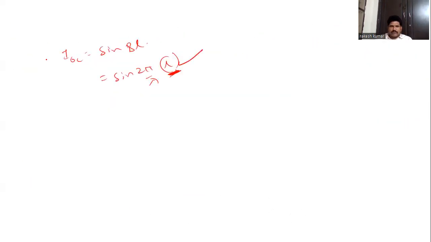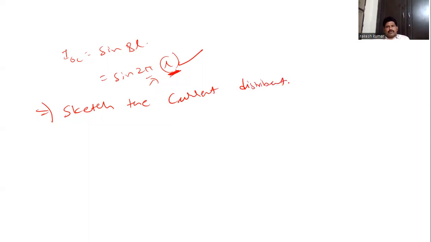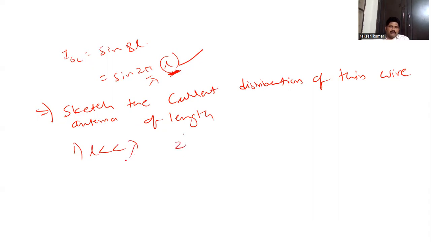The question they may ask in your exam is: sketch the current distribution of a thin wire antenna of lengths. First, L much less than lambda.